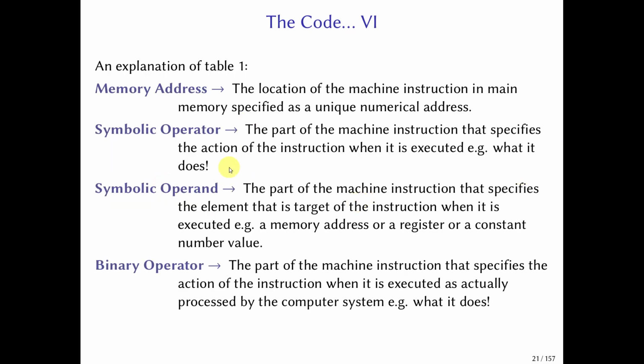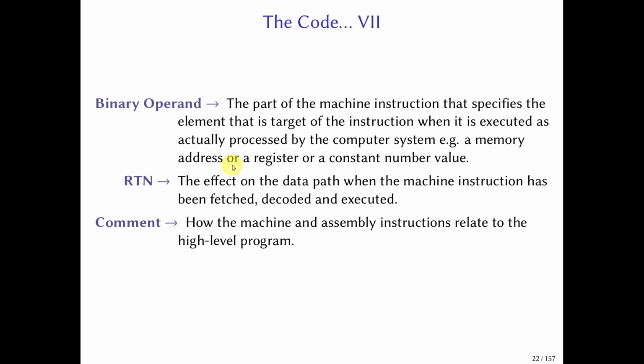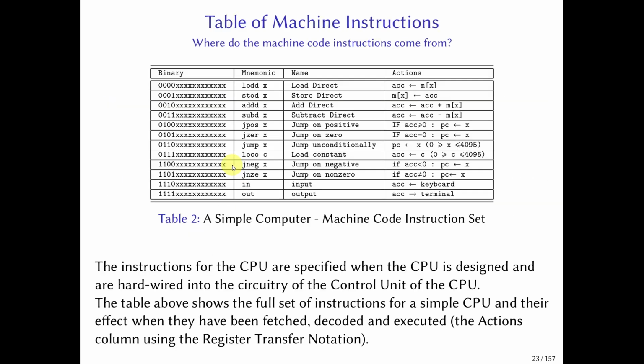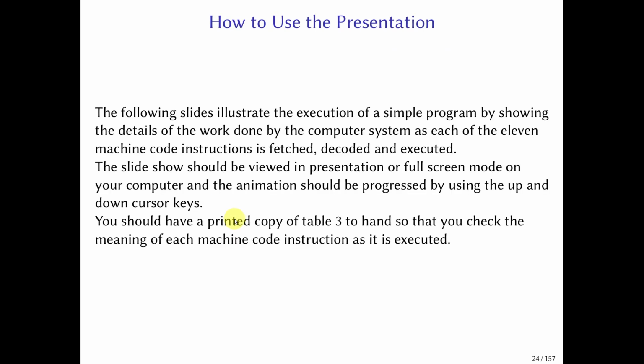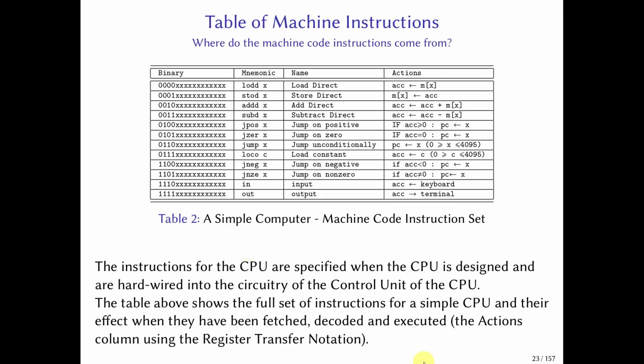So all of that's explained in slides 21 and 22, and in a minute we'll look at the actual animated presentation part of the lecture, and we'll look at the behavior of this computer as it executes these machine code instructions.